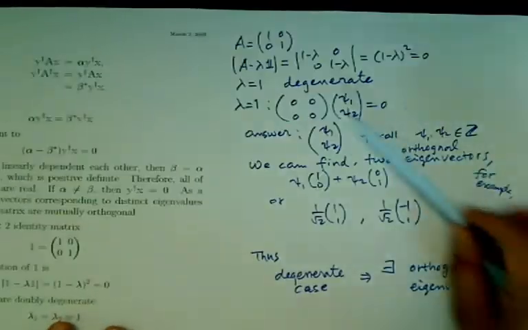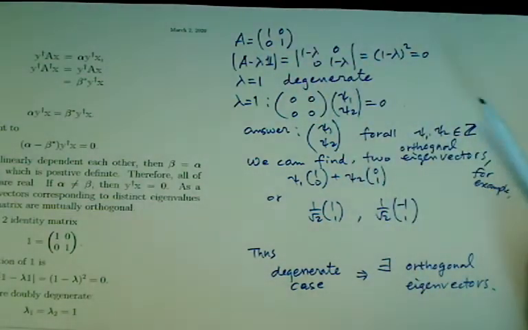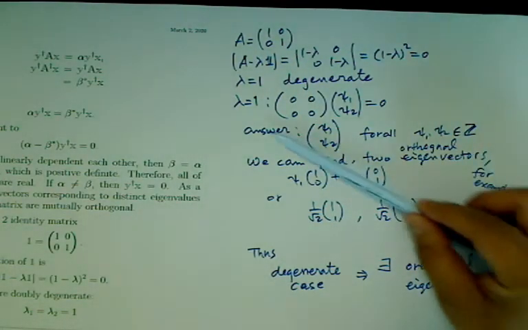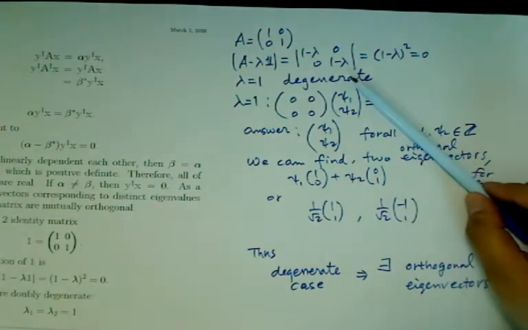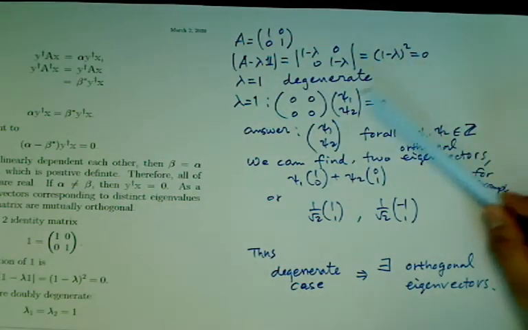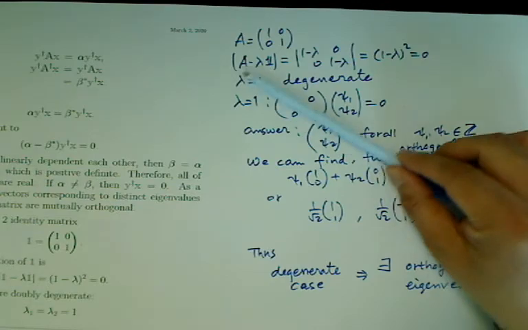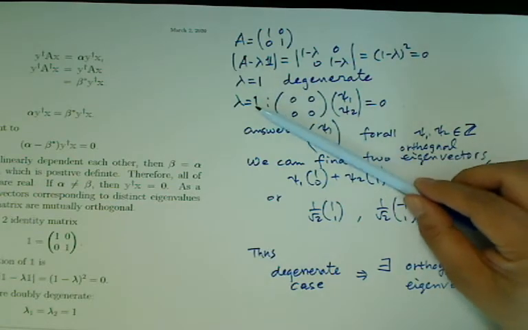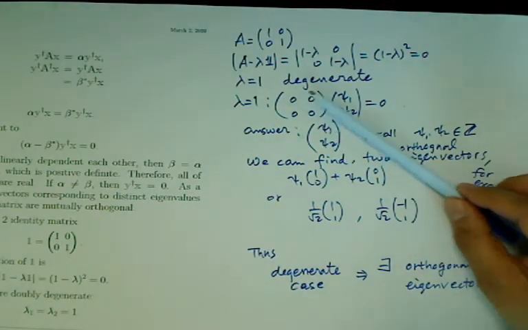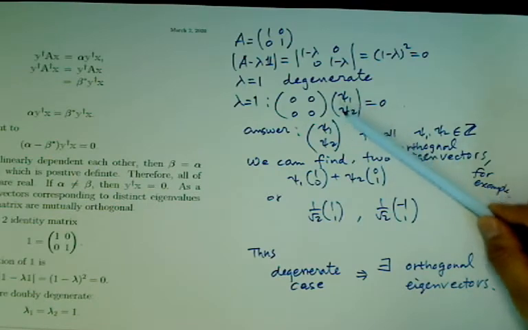For example, suppose this trivial matrix. This is the identity matrix. The characteristic equation states that the eigenvalues are degenerate, with only a single eigenvalue. If I substitute lambda equals 1, the characteristic equation becomes this.